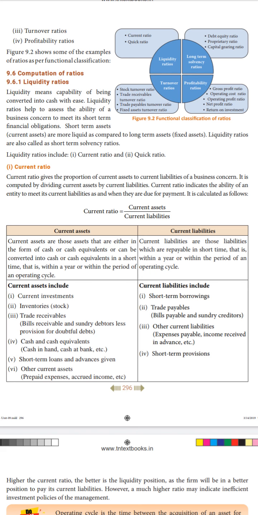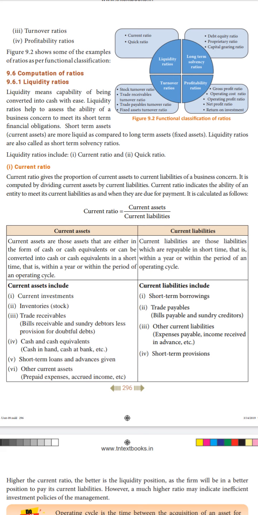So when the current ratio is high, one thing is the liquidity position is better because they will be able to pay off the current liabilities. But when it is too high, the investment policies of the management are not good. This is your first ratio, that is current ratio. Current ratio is equal to current assets divided by current liabilities. For that, you must know what all will come under current assets and current liabilities.